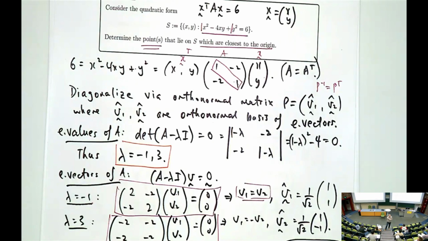And they'll always be real. Okay? They'll always be real. So, you don't need to think too hard, which is great. Right? Okay, so you get the eigenvalues, lambda equals -1, lambda equals +3.